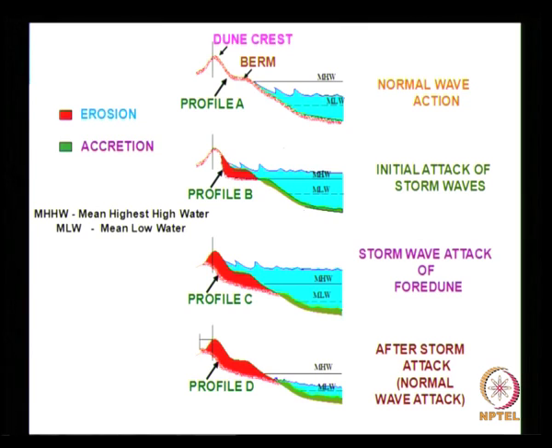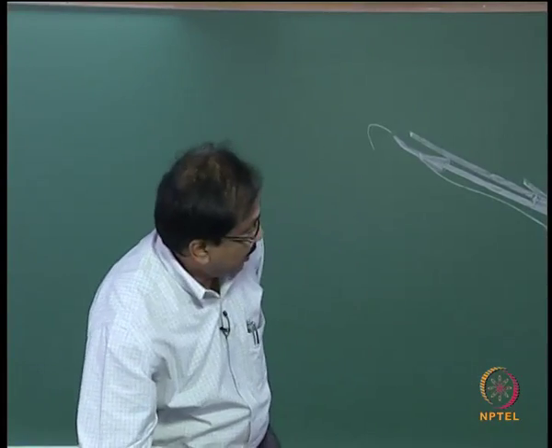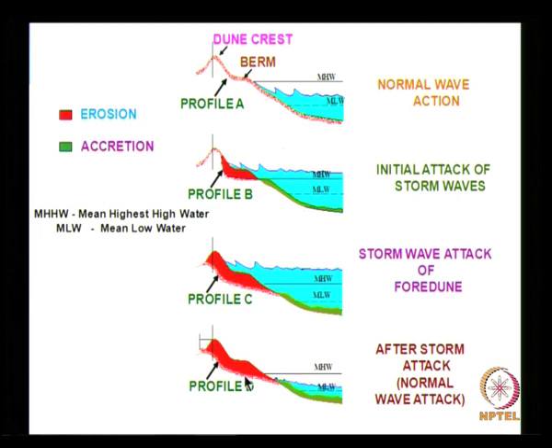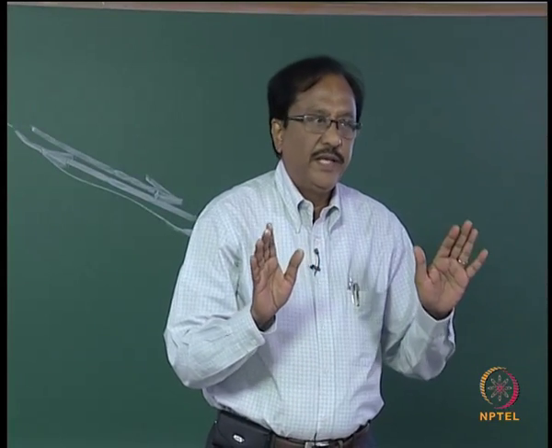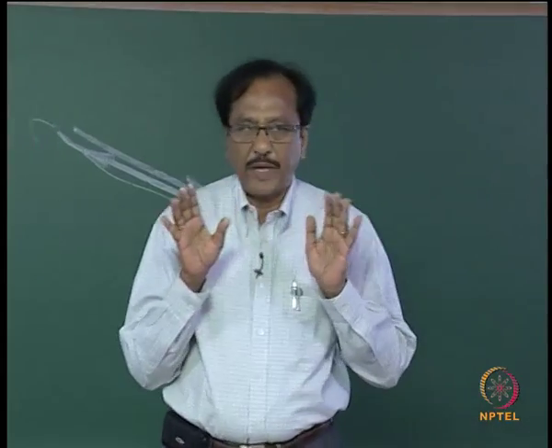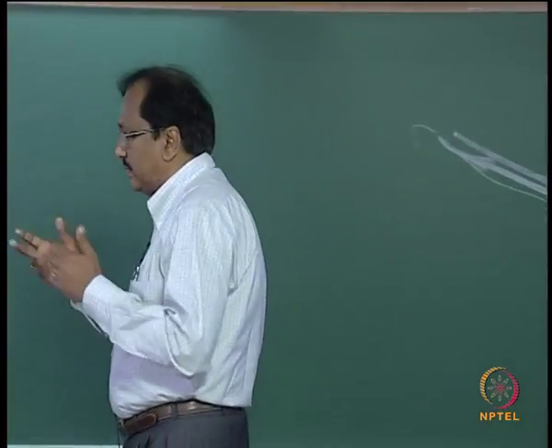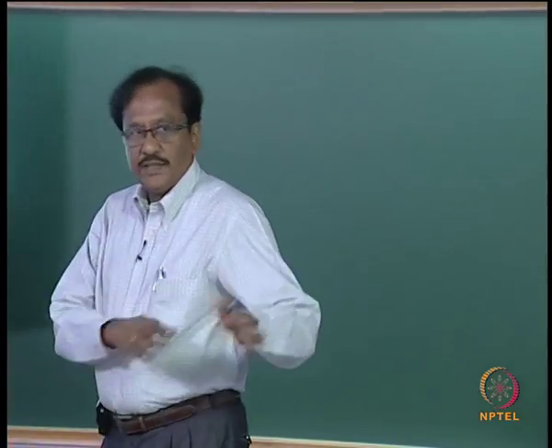So now if the quantity of material that was removed during a storm and deposited here is again redeposited to the eroded area without any loss, then what do we say? The coast is said to be in equilibrium. There is not much of a problem. Even during a storm this has removed the material, but it has come back.